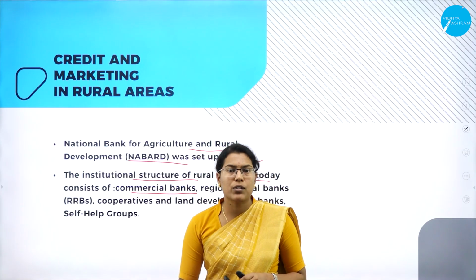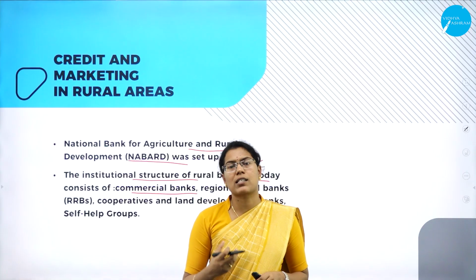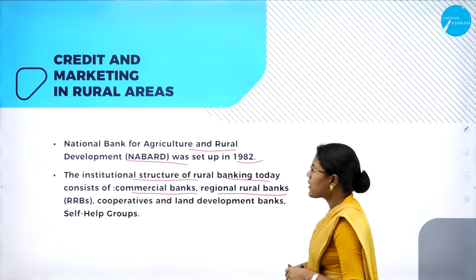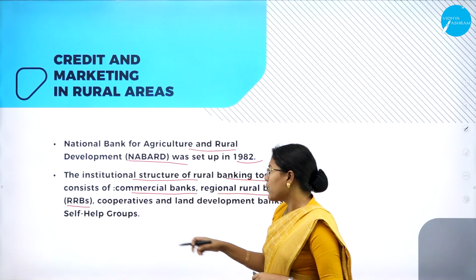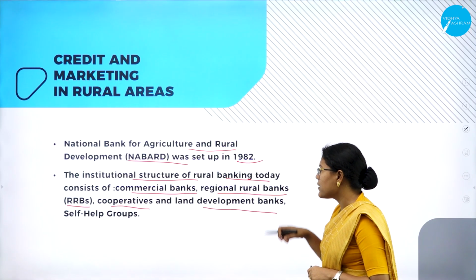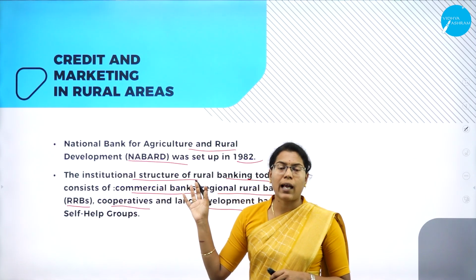Commercial banks are those banks which do the work of accepting deposits and lending loans. And the regional rural banks were established, famously known as RRBs, and cooperative banks were developed, and some land development banks, along with these commercial and rural banks.